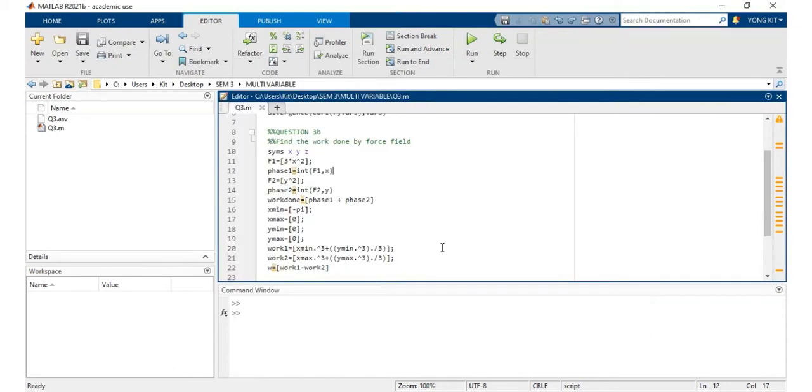The question asks us to find the work done by force field, and the equation is given by 3x squared plus y square. So I separate it and then I save it in F1 and also F2.